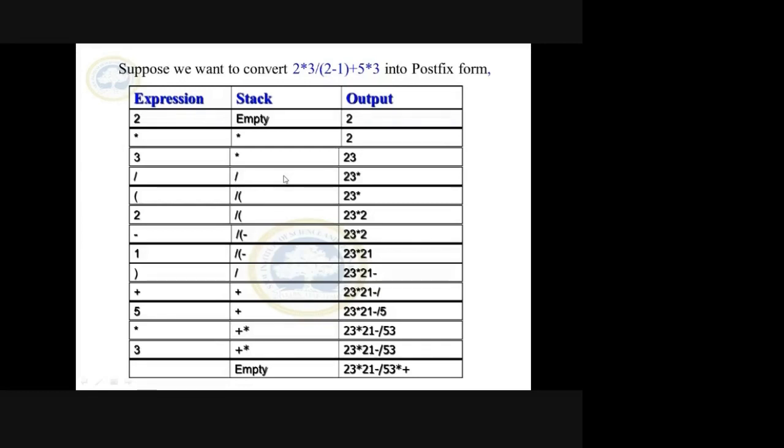Many problems will make this clear when we work them out. Yes, if the stack already has an operator of equal priority, for example a plus, and another plus or minus comes in, one has to be taken out.